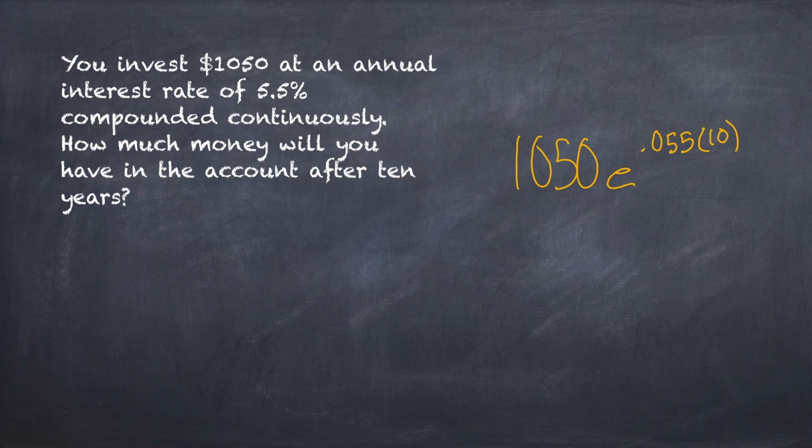So all we have to do is plug this in. 1,050 times e to the 0.055 times 10. And you would discover that you had, after 10 years, $1,819 and we're going to say 2 cents. It's 91.5, but 92 cents.